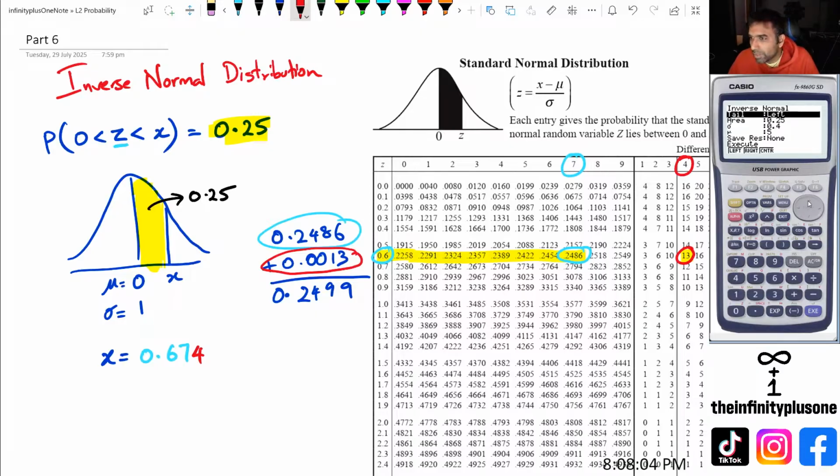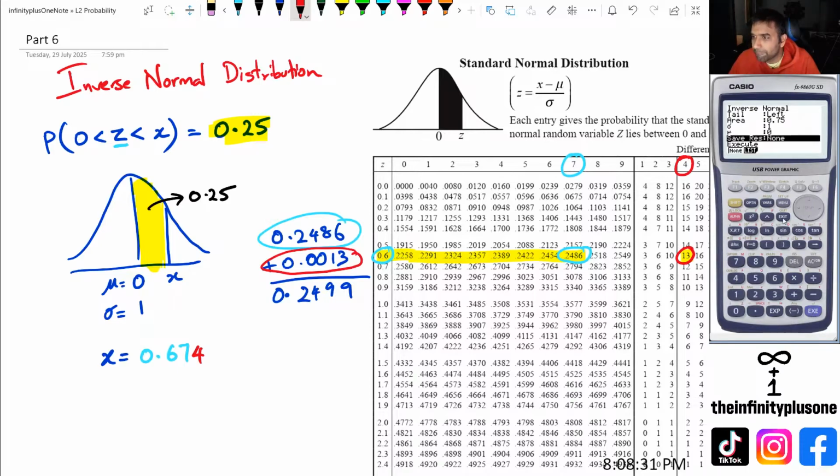So notice how it says tail is left, and then we've got right and center. If I put left tail as 0.75, I'm just going to give it a go, because I haven't done this in quite a while.